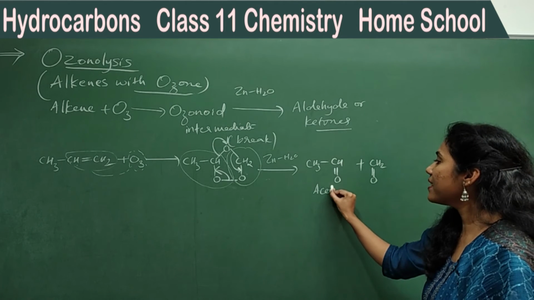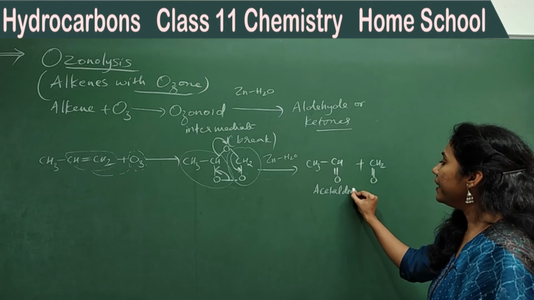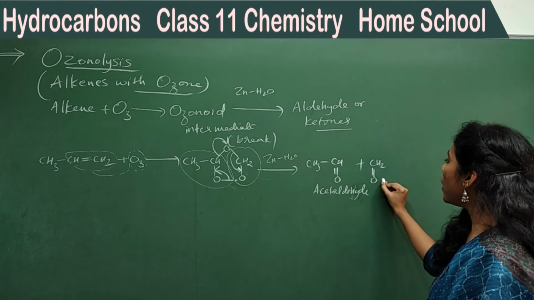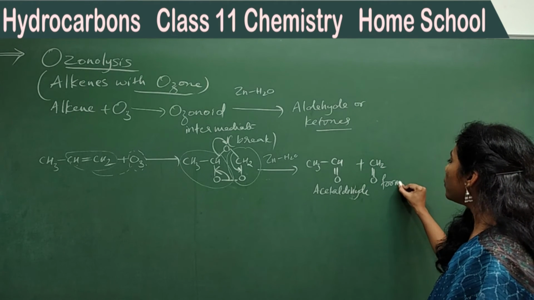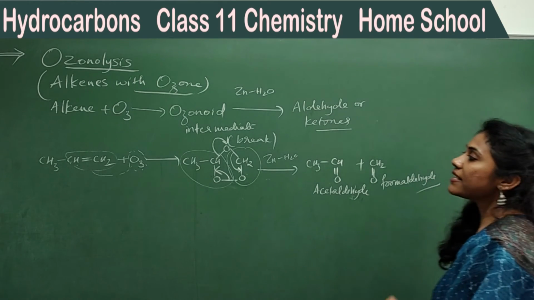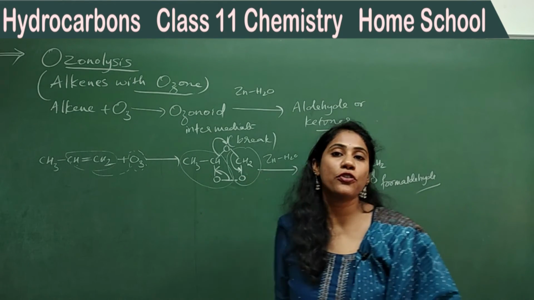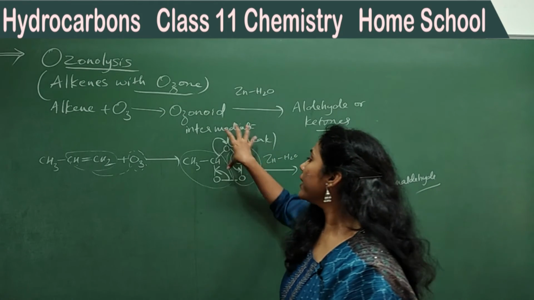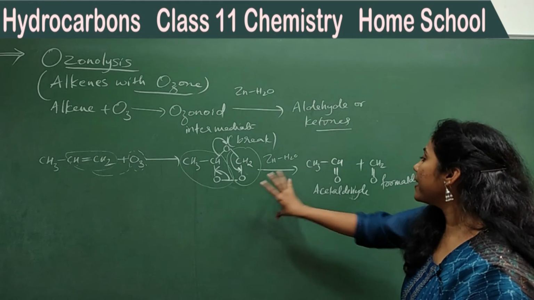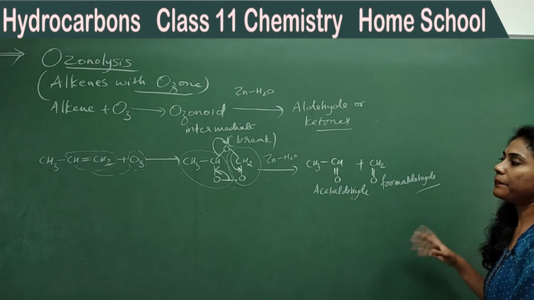So this is acetaldehyde, and this is formaldehyde. So two molecules of aldehydes you had got. So this is the mechanism of ozonolysis. Initially you get an ozonoid ring and then the ozonoid ring breaks up, you get aldehyde.